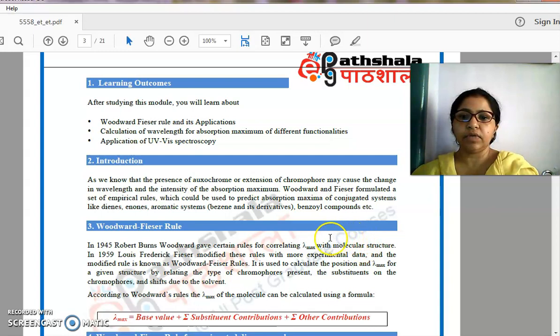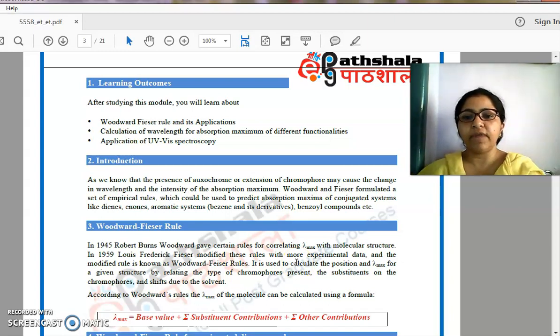So here we have the rule, and we can go to a calculation. It's a kind of numerical, and we can find out what is the lambda max. Then Fisher modified this rule with more experimental data, and the modified rule is known as Woodward-Fisher rule.